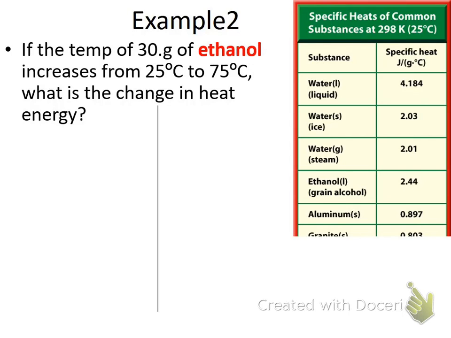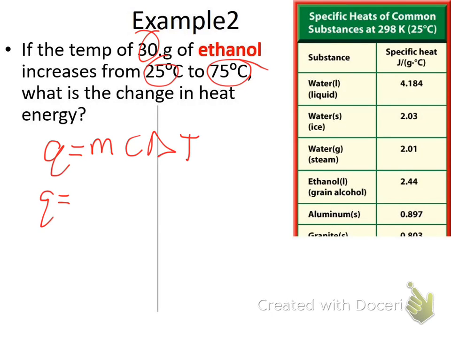Here's your second example. If the temperature of 30 grams of ethanol increases from 25 to 75, what is the change in heat energy? Okay, let's plug in some values here. We don't have a Q. Do we have an M? Yes, M is 30 grams.